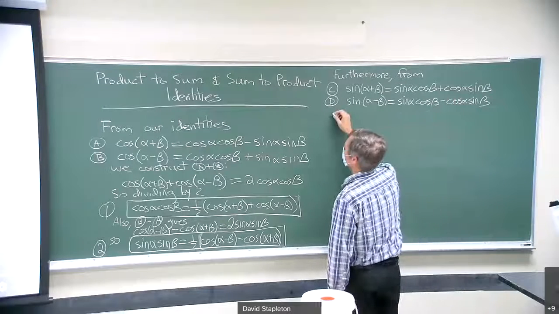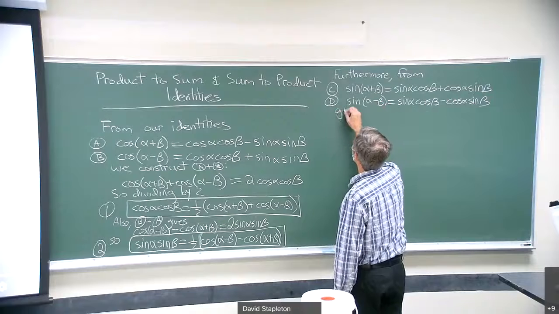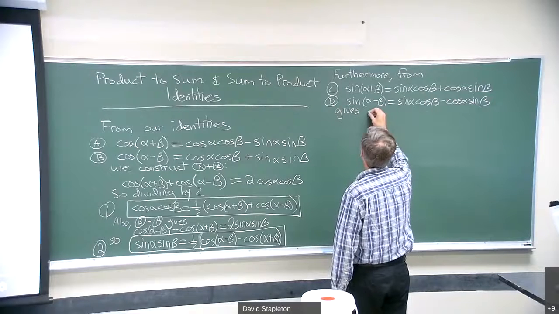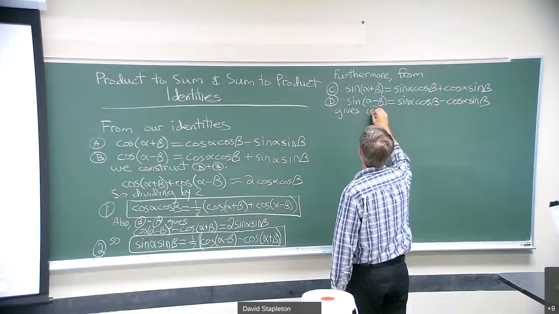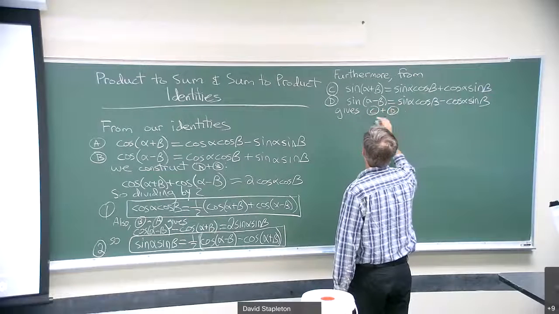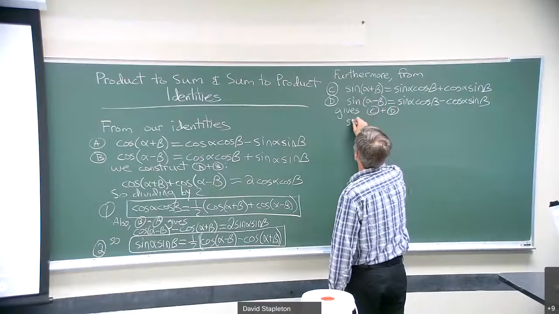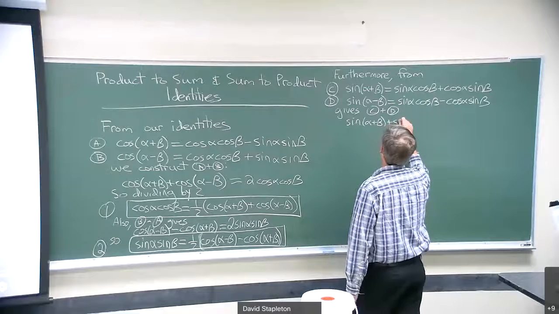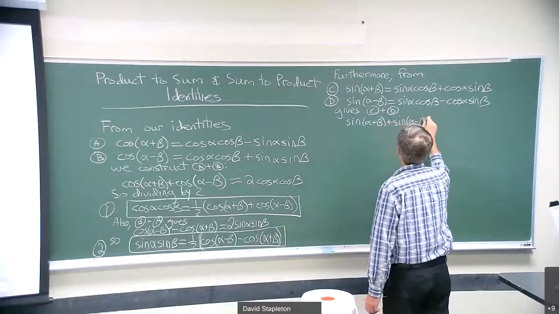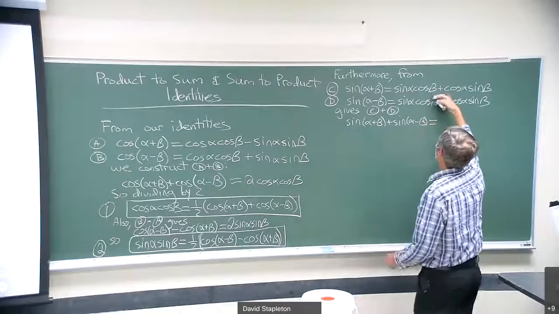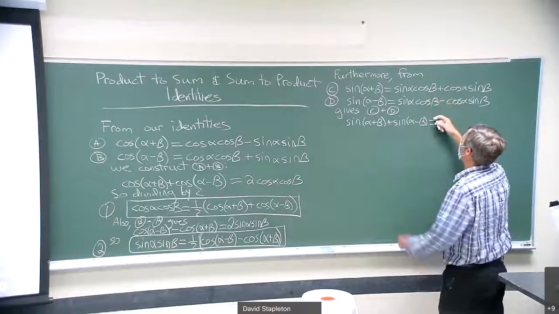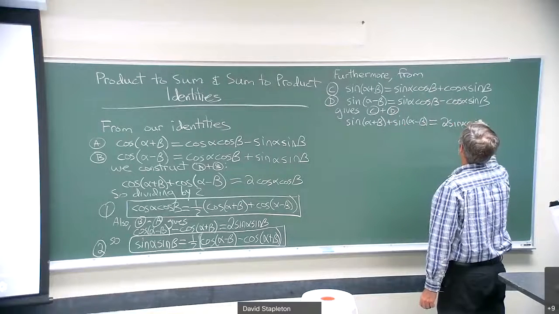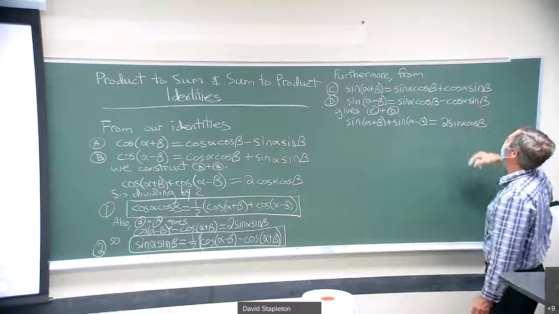If you take and add these, you get on the left the sum of these two sines, sine alpha plus beta plus sine alpha minus beta equals, you sum these and they reinforce each other. There's two of them, twice sine alpha cosine beta, but these two cancel.